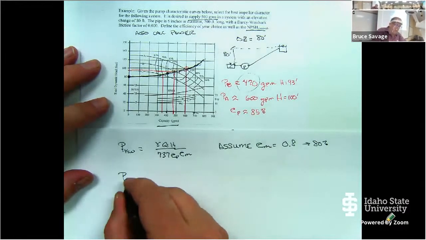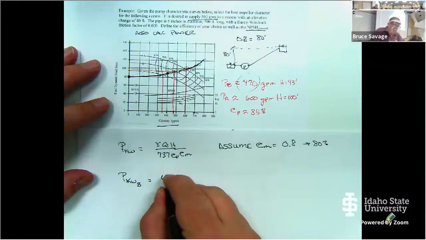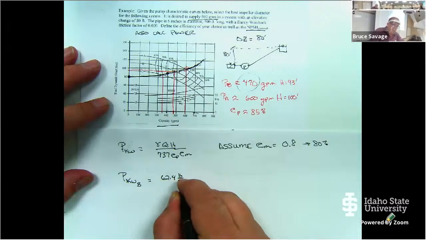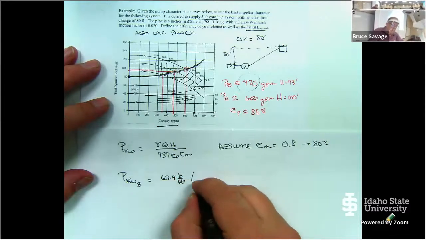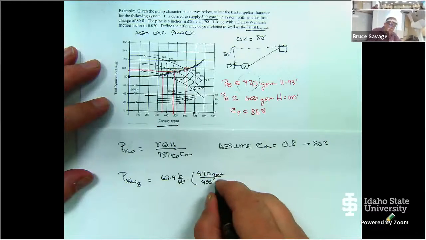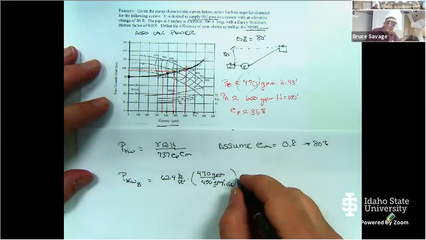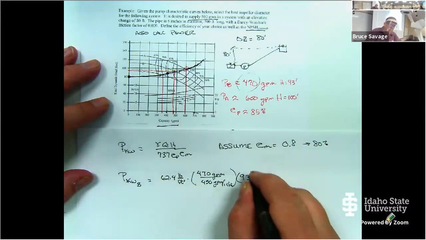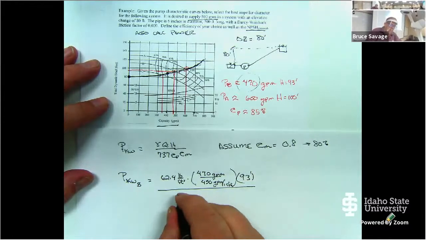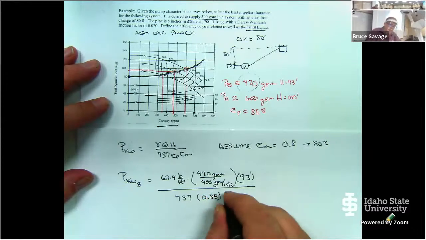So power in kilowatts of pump B is going to be gamma, 62.4 pounds per cubic foot, times the flow rate. The flow rate we said was 470 gallons per minute, and we're going to divide by 450 gallons per minute in 1 CFS, do my little conversion there, times the head, which we said was 93 feet, divided by 737 times the efficiency of the pump, 0.85, times the efficiency of the motor, 0.8.